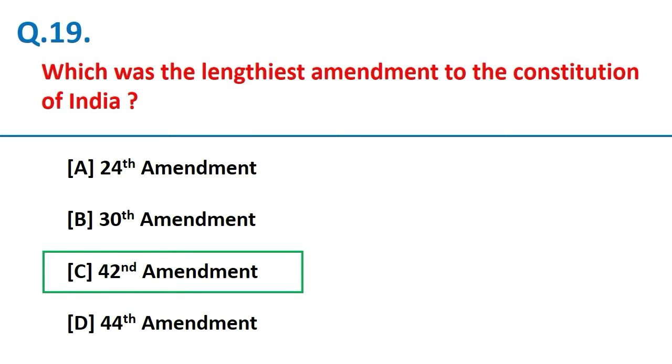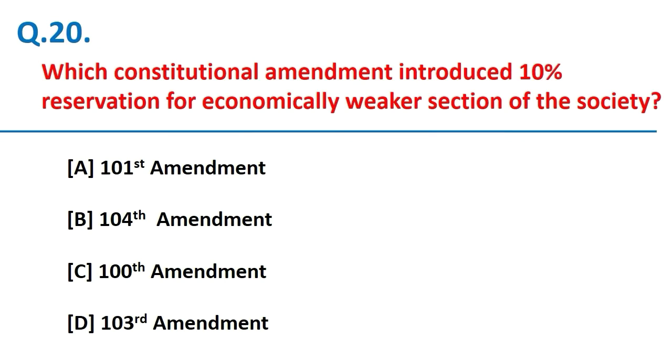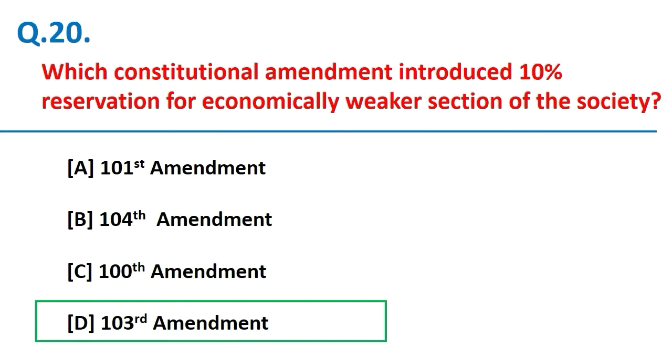Friends, it is also known as the mini constitution. Which constitutional amendment introduced 10% reservation for economically weaker section of the society? 103rd Amendment. 101st Amendment deals with the introduction of GST.